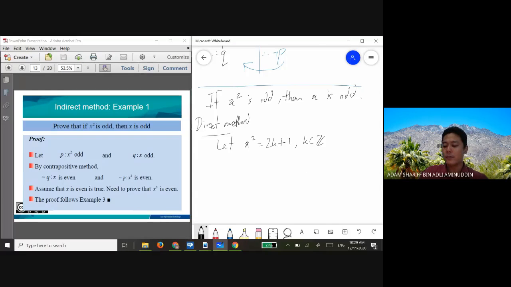Betul? Okay, so logically speaking, I just want to find what is x because it claims here if x squared is odd, then x is odd. Jadi saya buatlah x equals to plus minus square root of 2k plus 1. And yes, k is still integer. Tak ada masalah. However, please observe this carefully. What is this? Plus minus square root 2k plus 1. Is this an odd form?